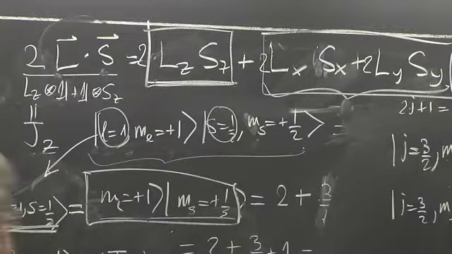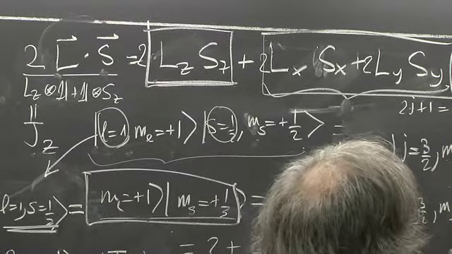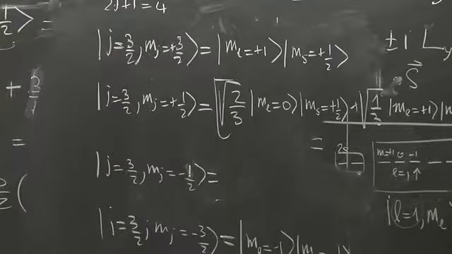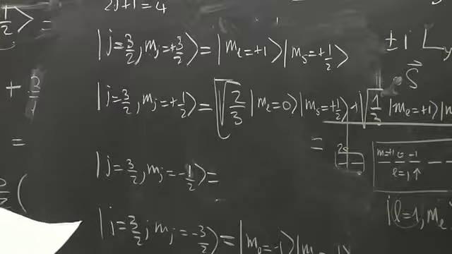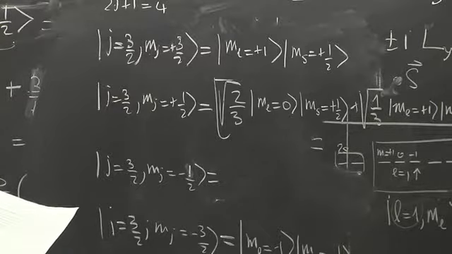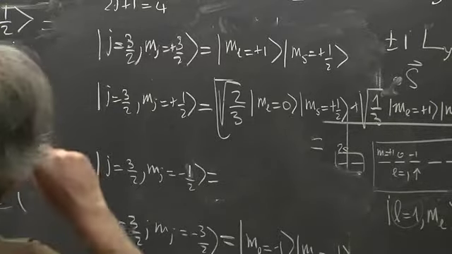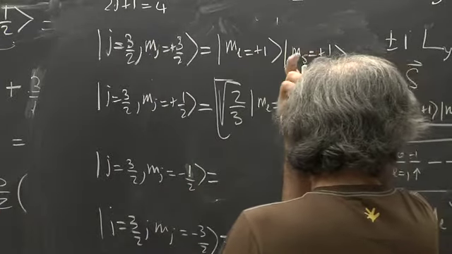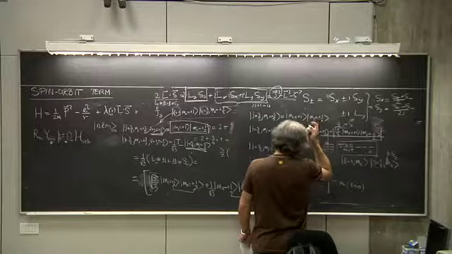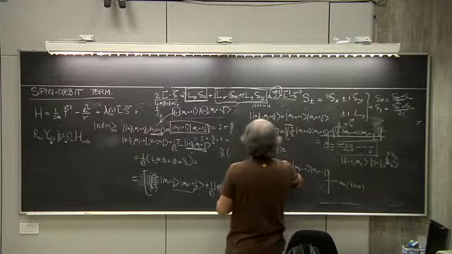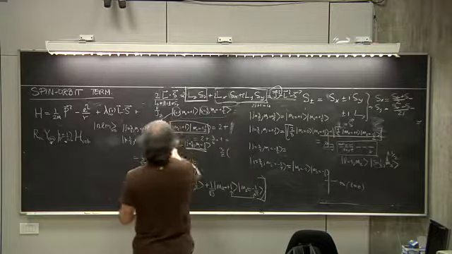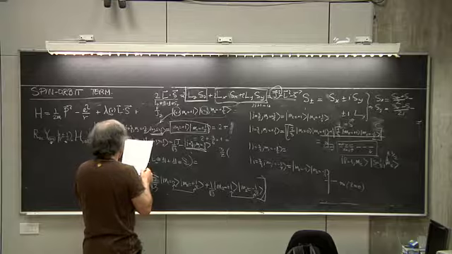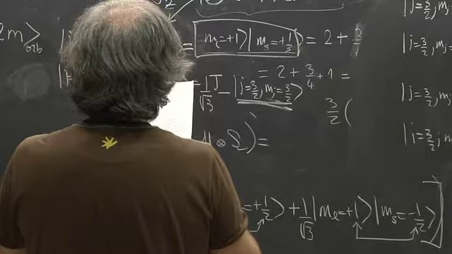Now, I could proceed, obviously. And to get this, I should apply again J minus to that. And the result is very, very simple. J minus, there is still a square root factor to take care of. Let me just write the results, okay?